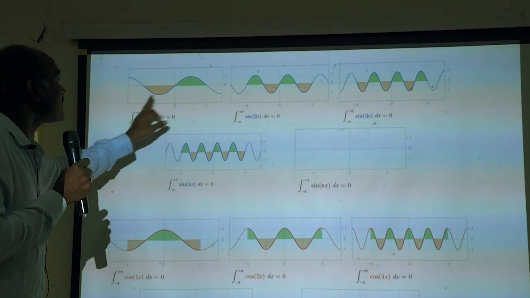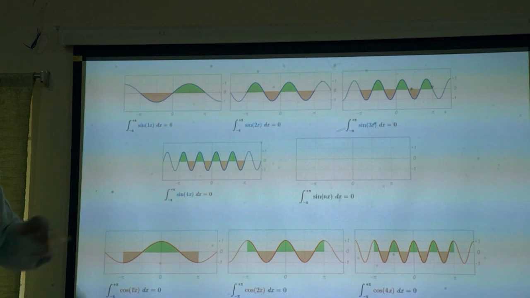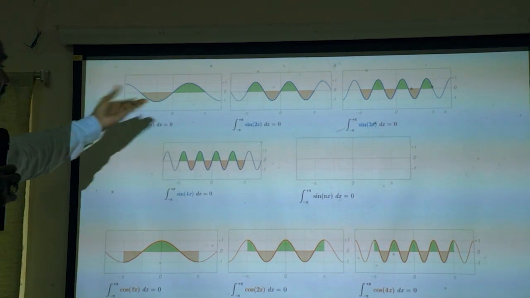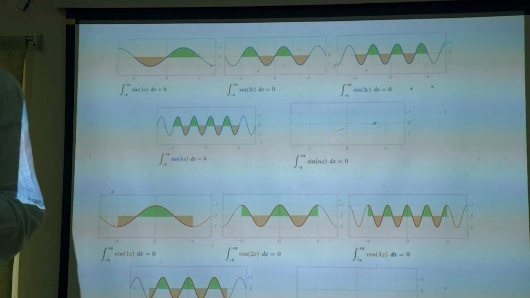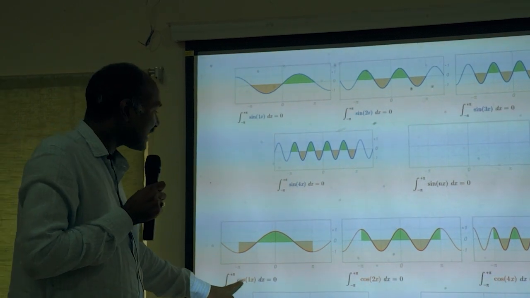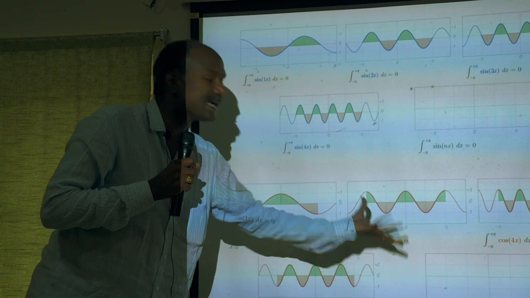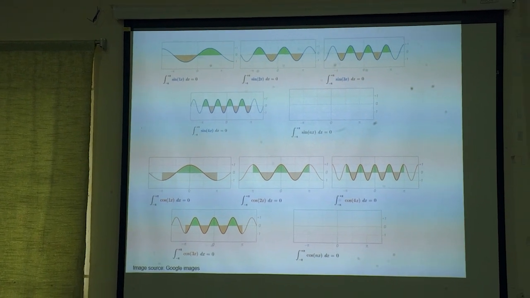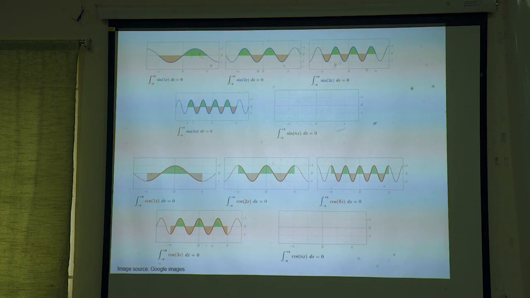If I take the area from minus pi to pi, the lower part of the x-axis is negative, and if we add it, it is 0. So the integral from minus pi to pi of sin nx dx is how much? 0. Similarly, for cos 1x, cos 2x, cos 3x, everywhere the positive area and negative area are the same. The integral from minus pi to pi of cos nx is 0. You know that.